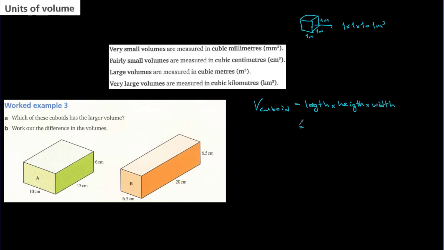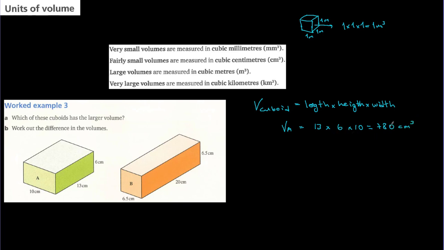With respect to this, the volume of cuboid A: the length is 13, the height is 6, and the width is 10. So 13 times 6 times 10. 13 times 6 is 10 times 6, which is 60, plus 18, which is 78, so 780 centimeter cube.